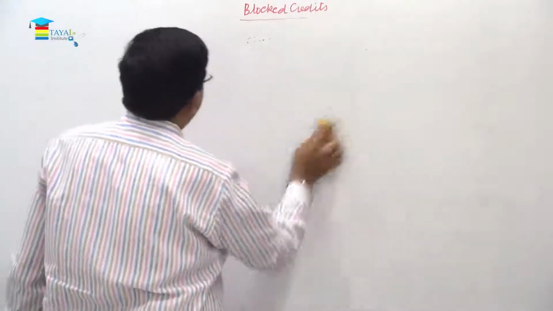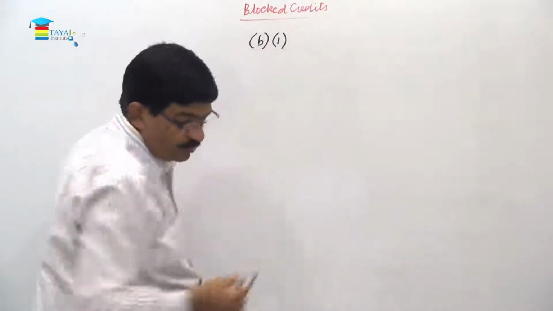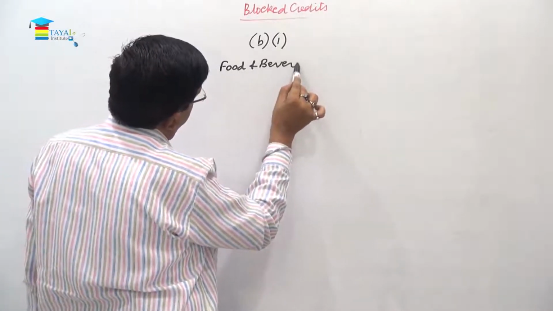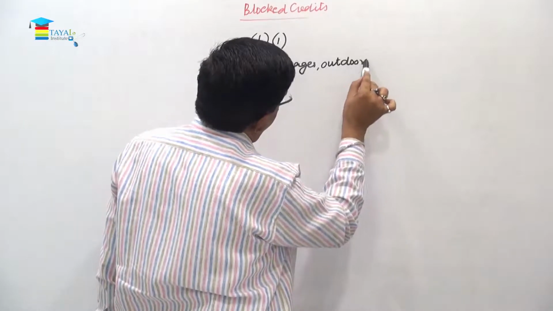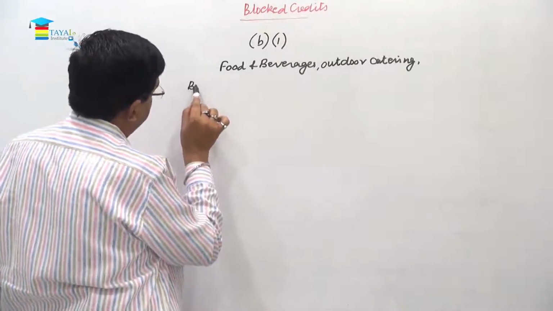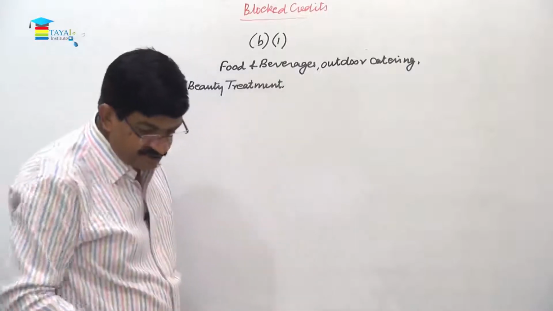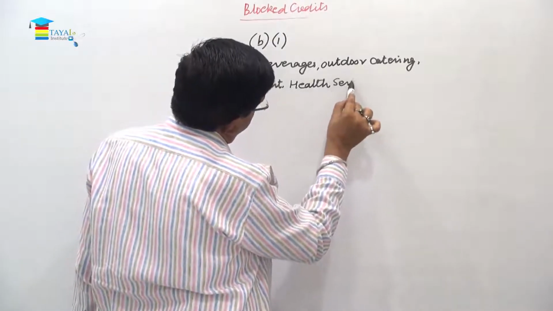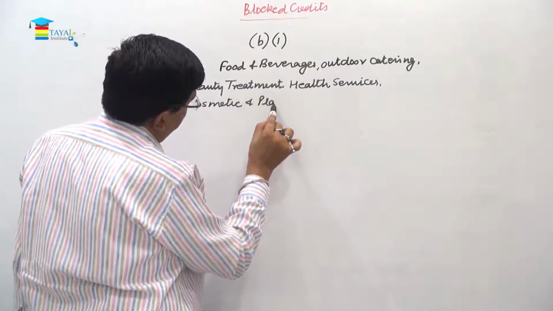So in clause B itself there are sub clauses. So here I am writing B1. This is clause B, sub clause number 1. These are food and beverages, then we have outdoor catering, then there is beauty treatment, the next mentioned is health services, then cosmetic and plastic surgery.